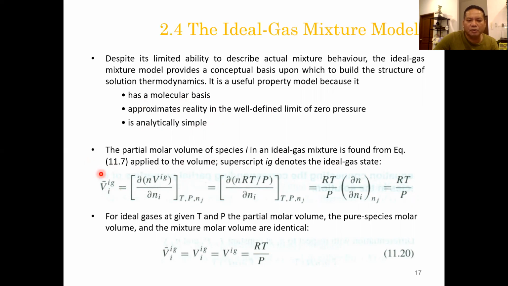If we assume ideal gas, with ig denoting ideal gas for species i, we can write it into this equation here. For V, we know that from PV equals nRT, we can rewrite it as nRT over P. Since T, P, and nj are constant, we can take them out, and only delta Ni changes, giving RT over P times the change in N, change in Ni.